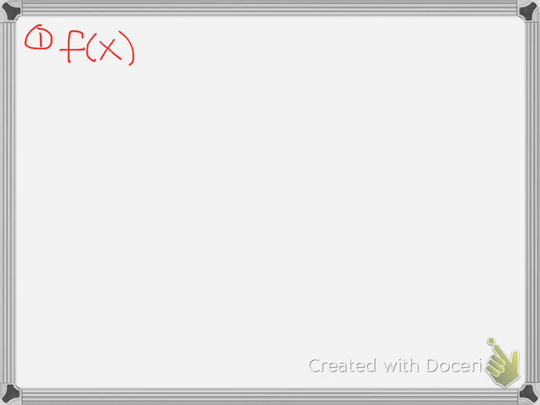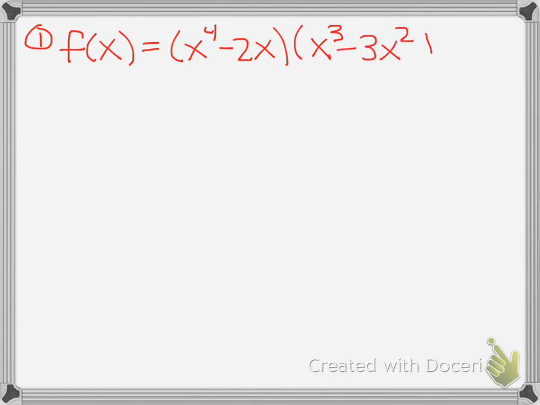For instance, if I say f of x equals x to the 4th minus 2x times x cubed minus 3x squared plus 6. You most certainly could multiply a binomial times a trinomial. I think that just takes a little bit longer.